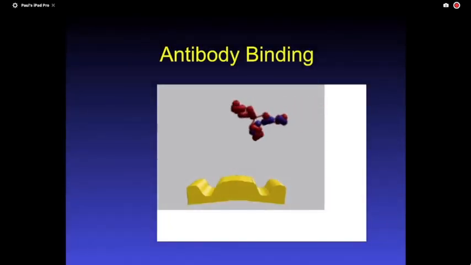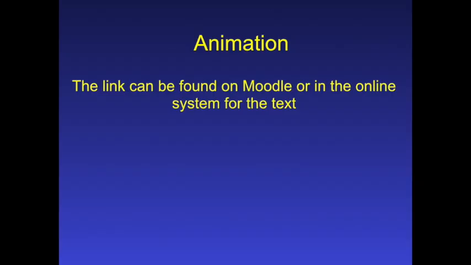Now, one thing about the antibody being that little Y shape, remember there's something called dissociation. And so when an antibody binds to something, the binding is dynamic. It binds and lets go, and binds and lets go, and binds and lets go. The fact that antibodies have two binding spots increases the antibody's binding effectiveness.